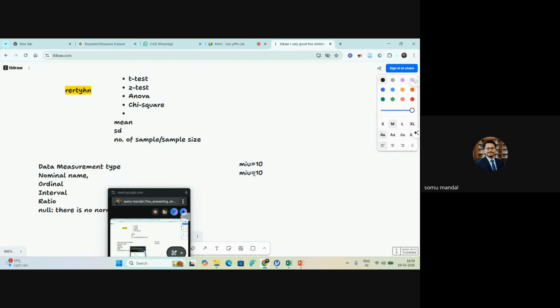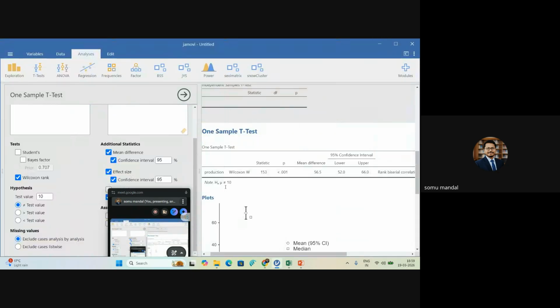Mu equals 10 is the null hypothesis. Mu not equals 10 is the alternative hypothesis. Look at the result table: note H naught, mu not equals 10. So definitely there is a difference from the mean value of 10, or you can say the hypothetical value 10.